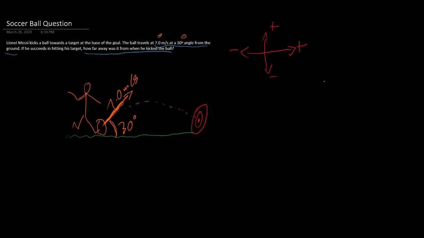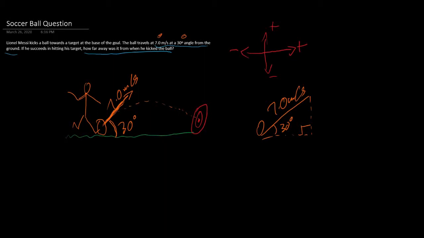So that would be, here's the ball, that's 7 meters per second going in that direction, and then here's a 30-degree angle, here's the ground, and here is your right angle. Now this is a diagonal line, and it's traveling in that direction at that velocity on that diagonal.